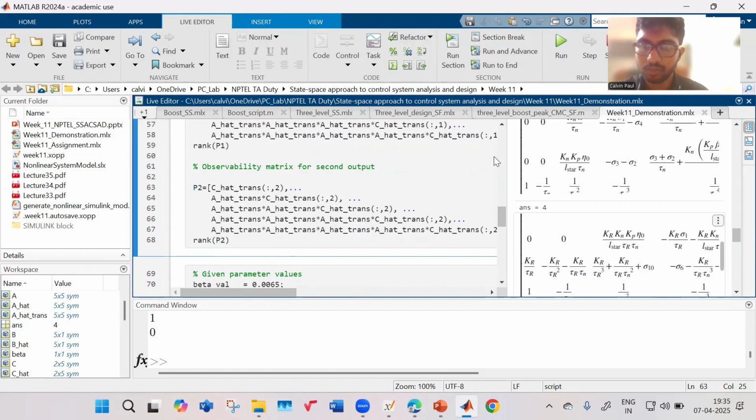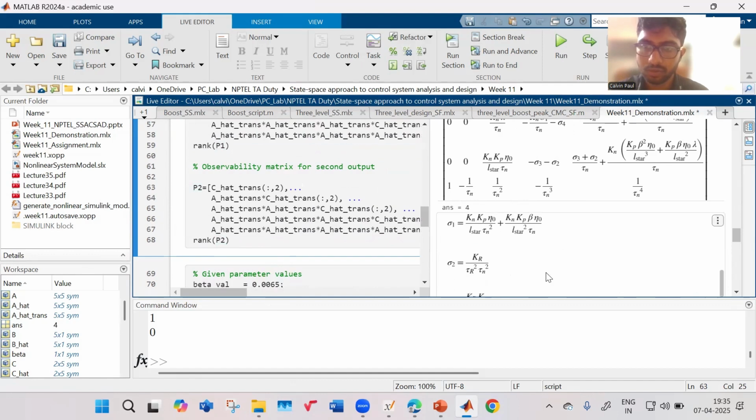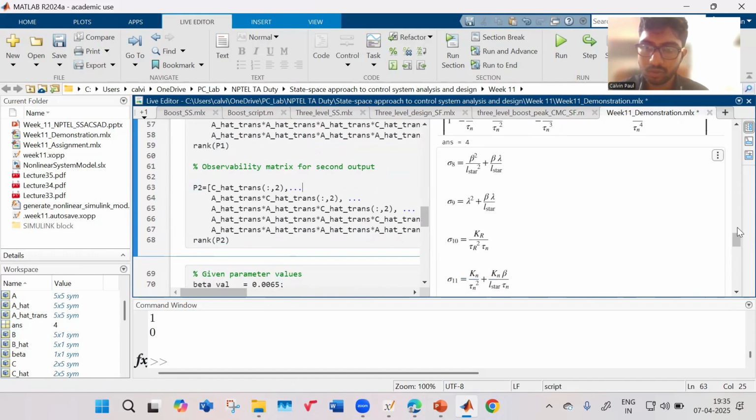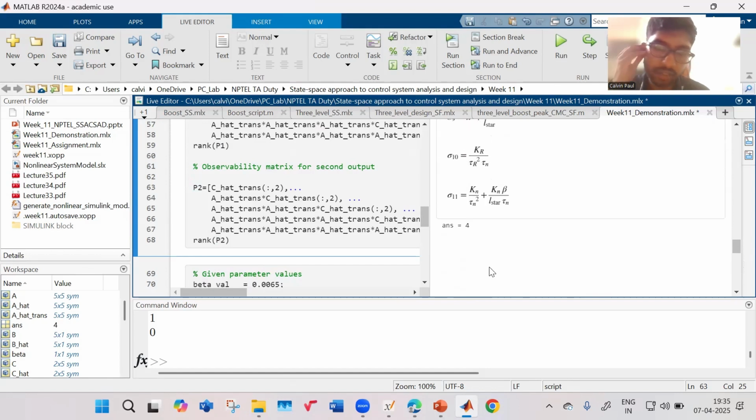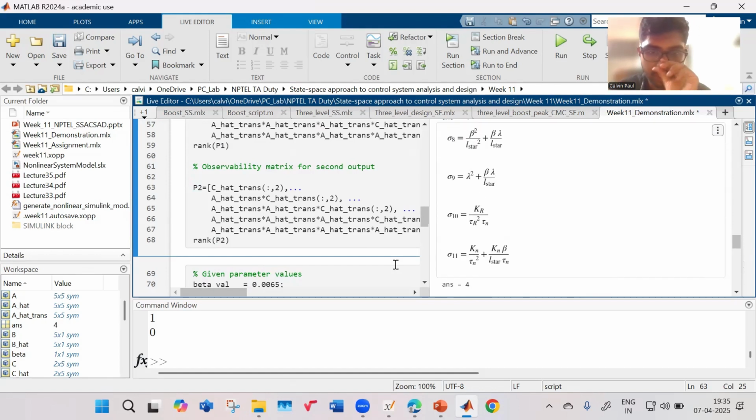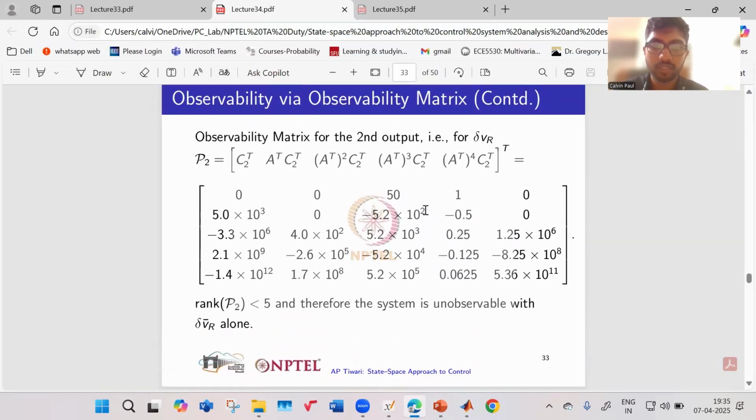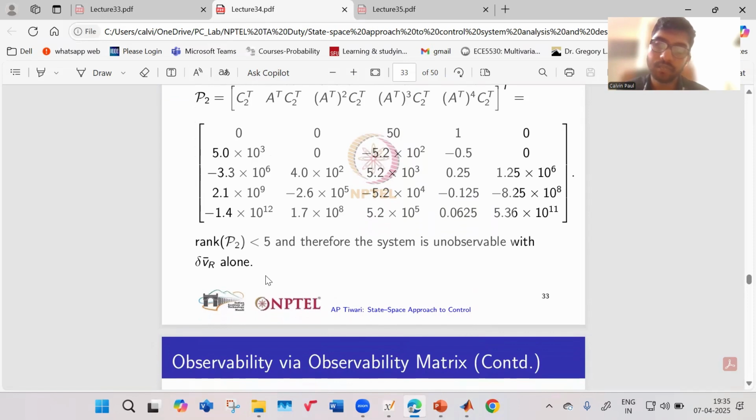This is P2. And again, the rank of P2 comes out to be 4. So again, it is not observable for the second output only. Okay, so the system is not observable with delta VR bar alone.